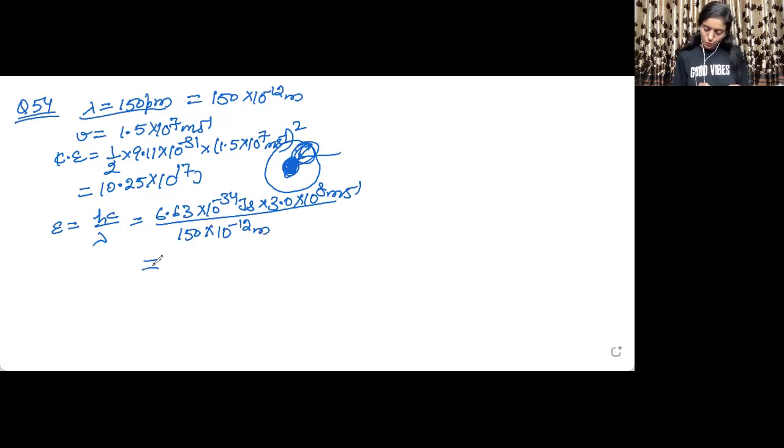So it will be equal to divided by 150, 0.1326 into 10 raised to the power, it will become minus 34 plus 20, so minus 14 joule. Okay, so we need to now find out what is h nu. So here it should be minus, there should be minus 17, not plus.